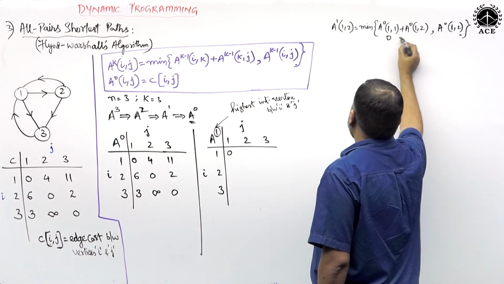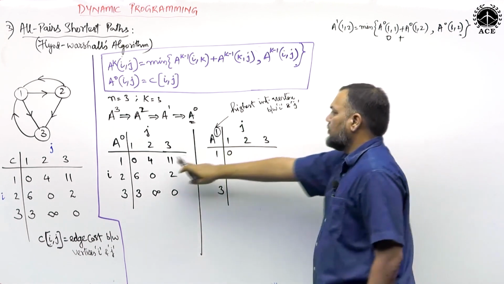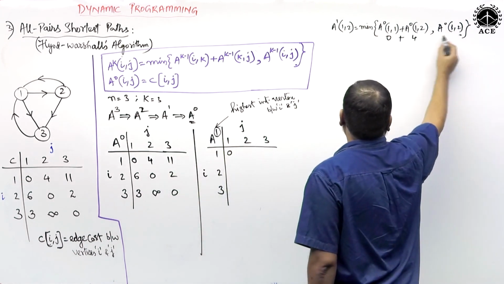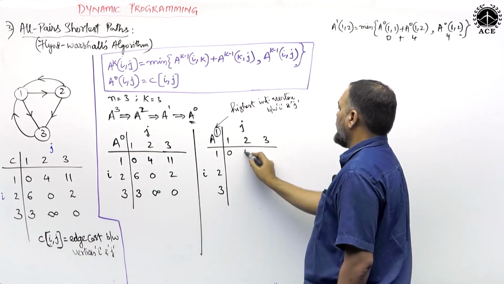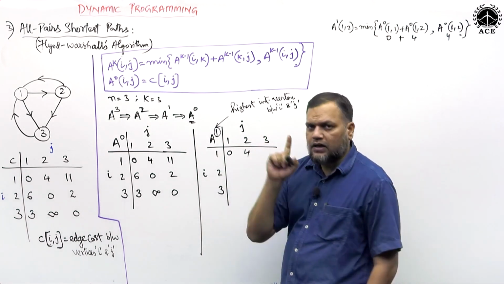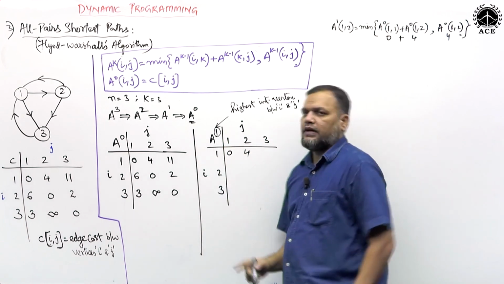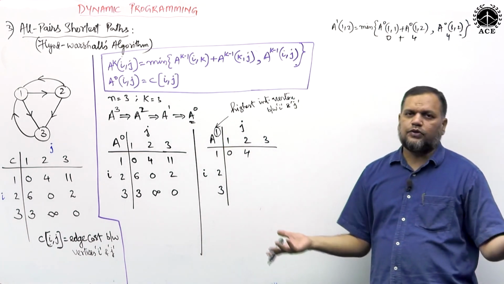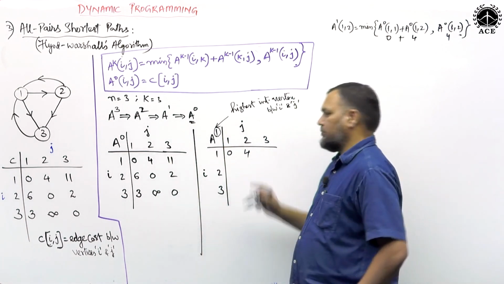What is this value? This is 0. What is A 0 1 2? A 0 1 2 is 4. Minimum of 4, 4, 4, meaning between 1 and 2 there cannot be any intermediate vertex of index greater than 1, so whatever was the previous value it should retain. So, that is why 4 has come.